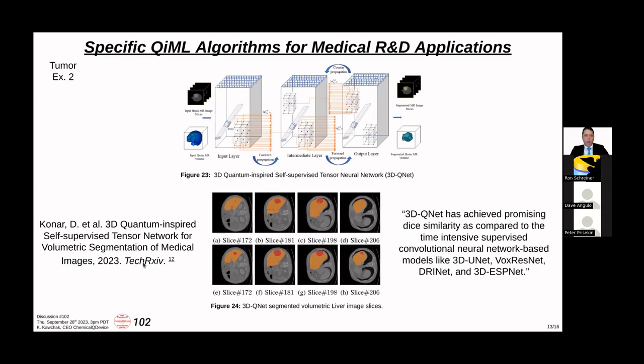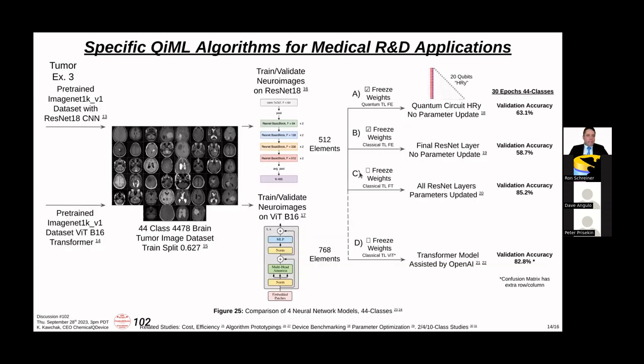But TechRxiv, I think, is IEEE. And this is a segmentation paper. So 3D-QNet has achieved promising dice similarity as compared to the time-insensitive supervised convolutional neural network-based models like 3D-UNet and others, okay?